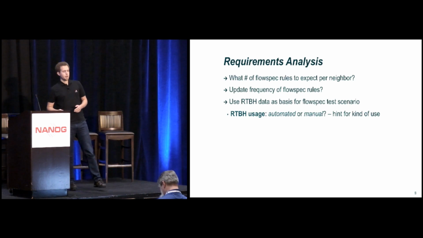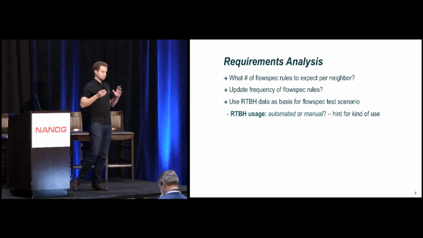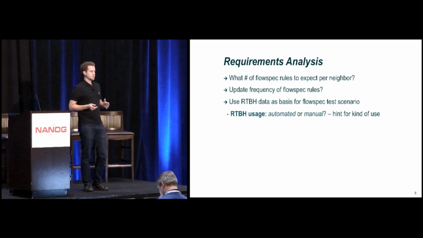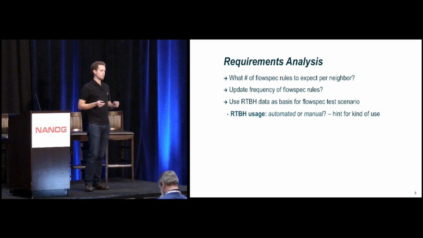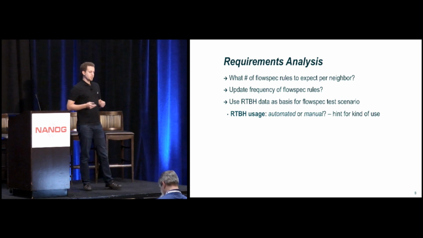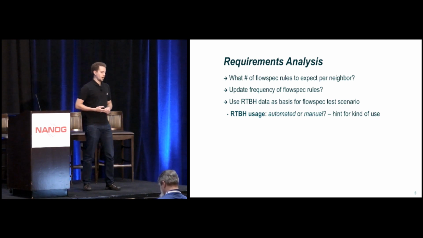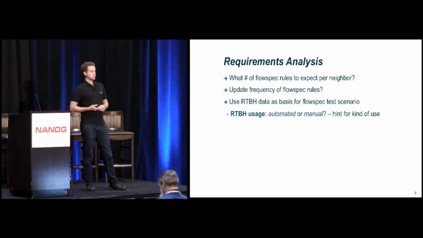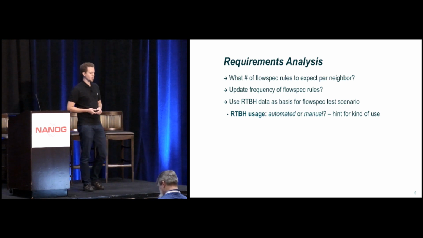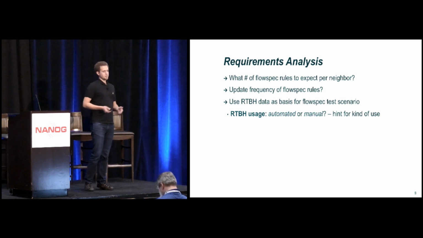So to design a scenario that we can reliably test if we can run a route server that supports Flowspec, we first need to perform an analysis of what to expect if people start turning on Flowspec. What number of Flowspec rules to expect per neighbor, what is the update frequency that we might be seeing, and because there's no Flowspec enabled currently, we need to look at other data that we have.